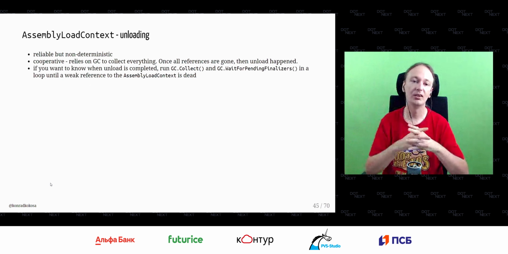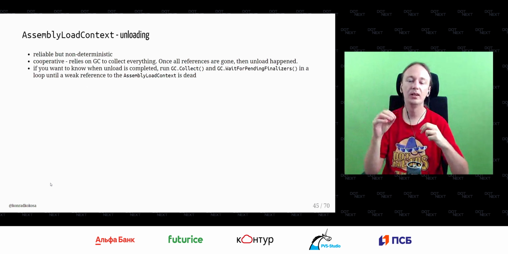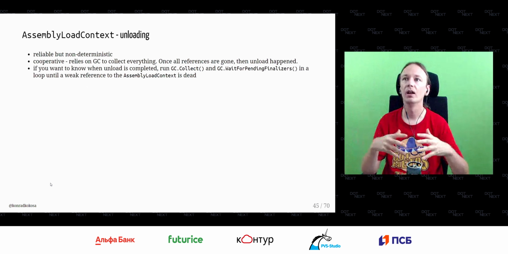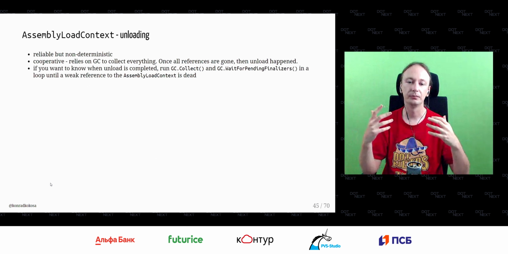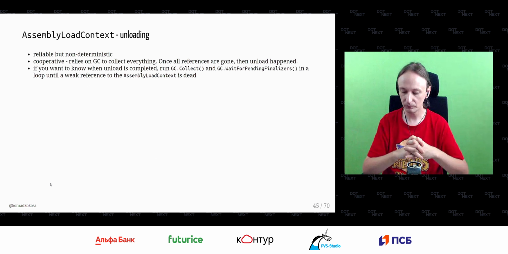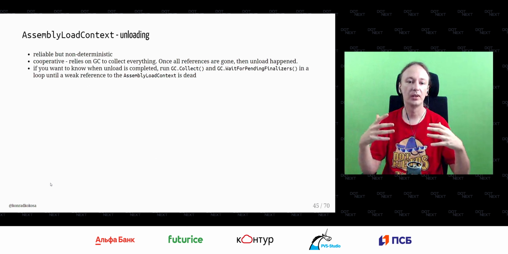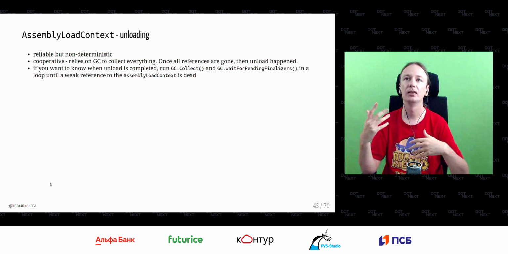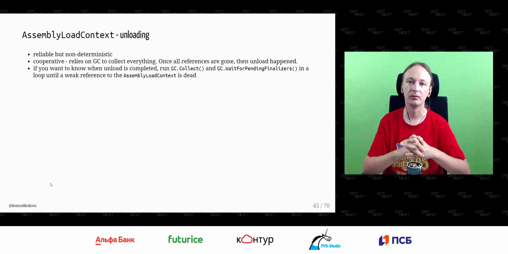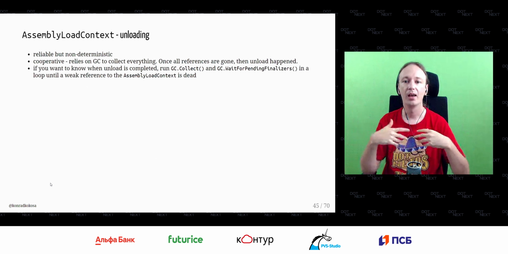What is interesting here is that this unloading is cooperative. We cannot call it directly, in fact. When we stop using objects and we get rid of this particular assembly loaded into the assembly load context, GC will start to reclaim objects from them. So that's the cooperative approach.